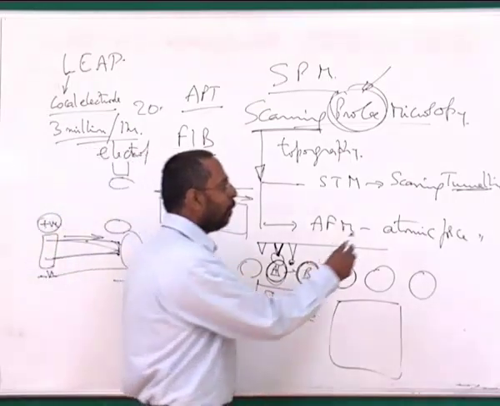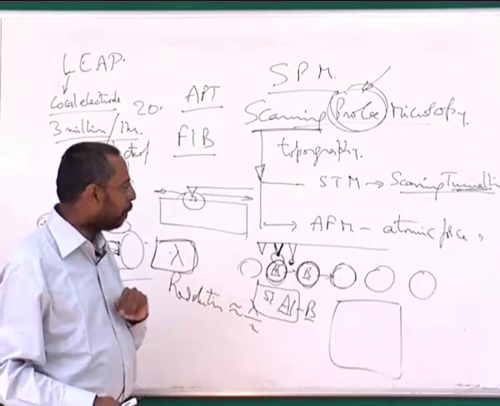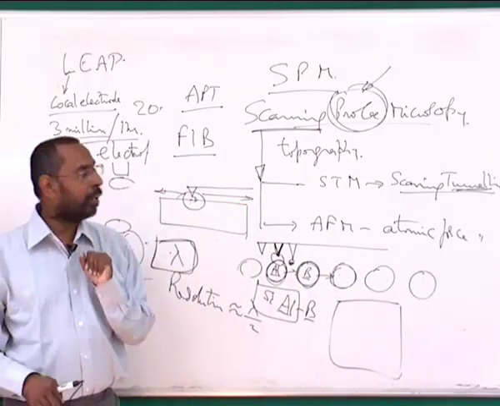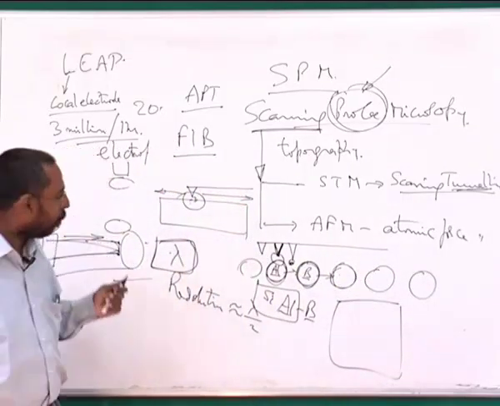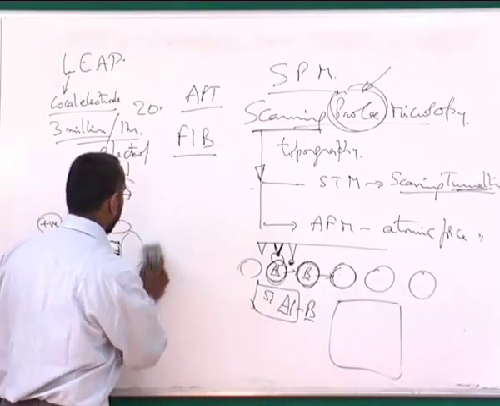So this is how one can use a scanning tunneling microscope to see the surface topography of a sample. Not only see surface topography, people also use it for actually manipulating the surfaces.